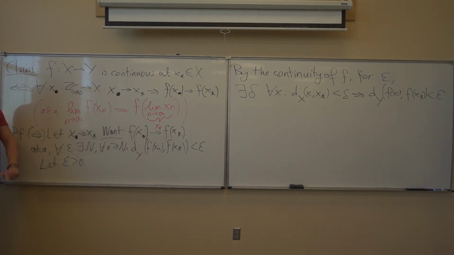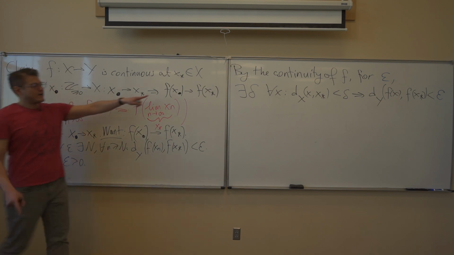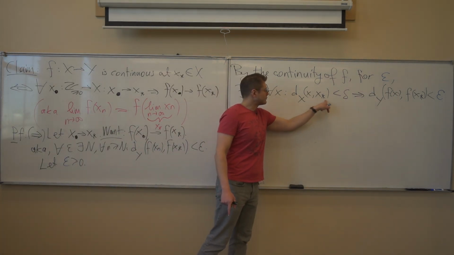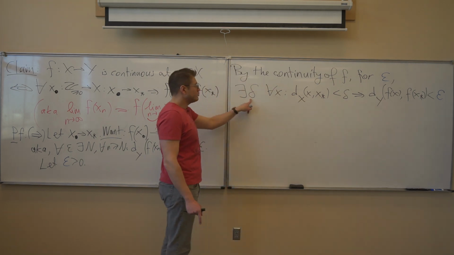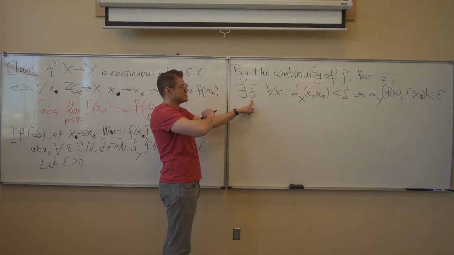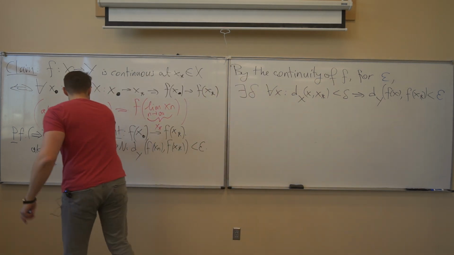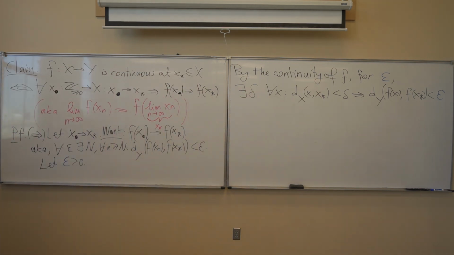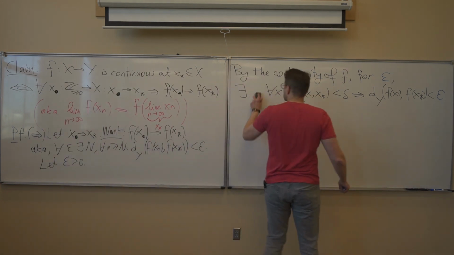That's the final thing I can use over here. Because x bullet converges to x star, in the definition of this sequence converging to this, we always started with for any epsilon, blah blah blah. But now, this delta is the thing that bounds this distance. So I want to use delta as the epsilon in the definition of x bullet converging to x star. Okay? So maybe I should use red here.